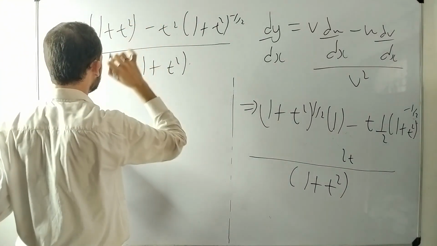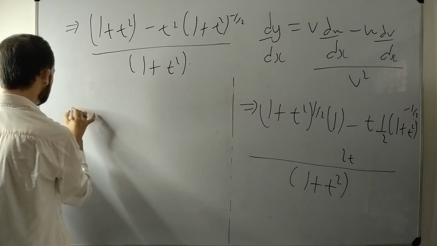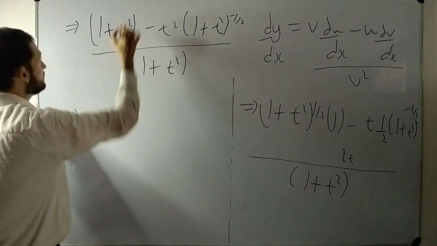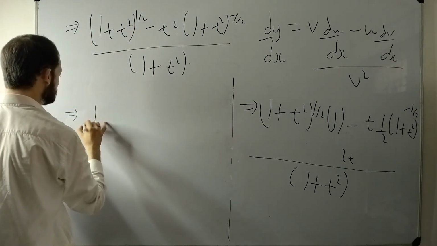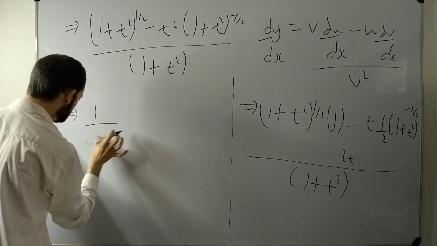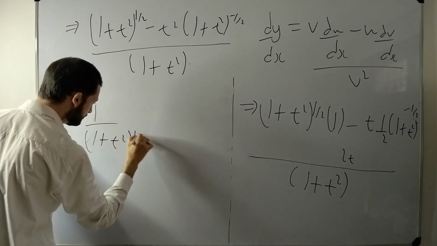So the final equation becomes what? So this becomes 1 plus t squared and this is half, sir. So this becomes (1 plus t squared) to the power 1 by 2.